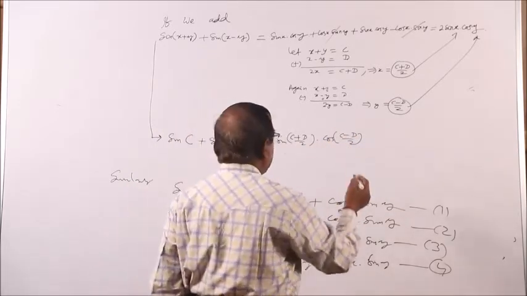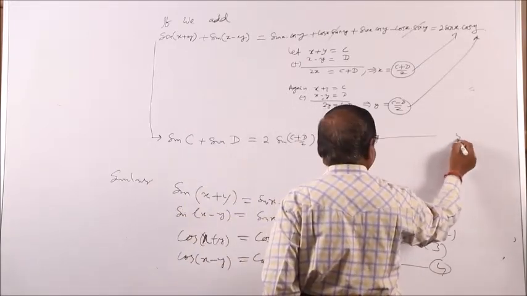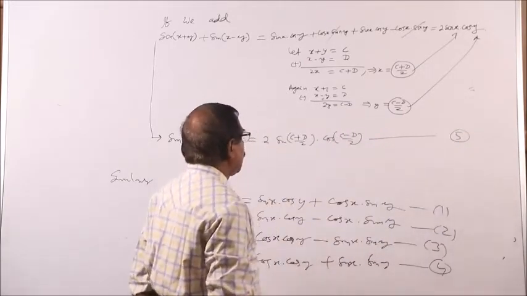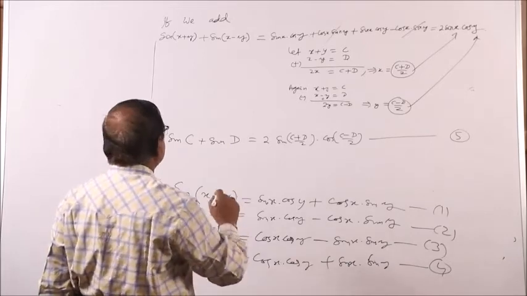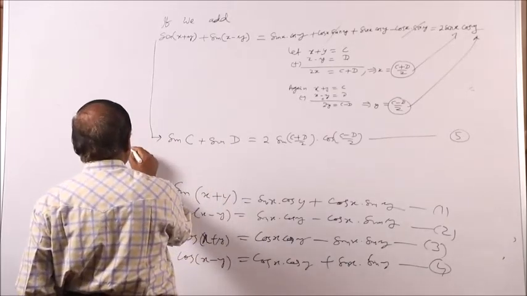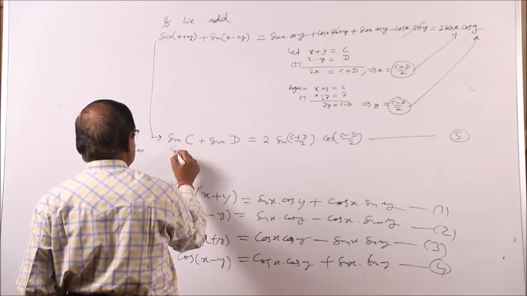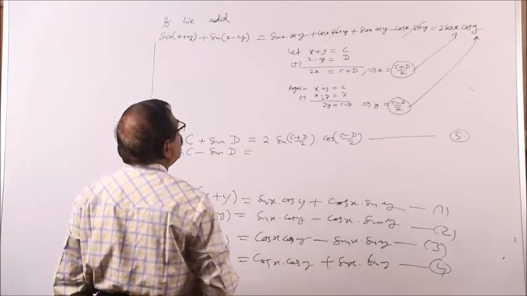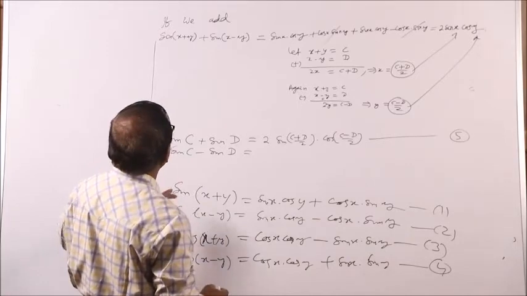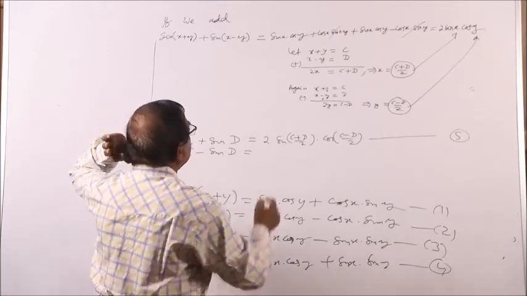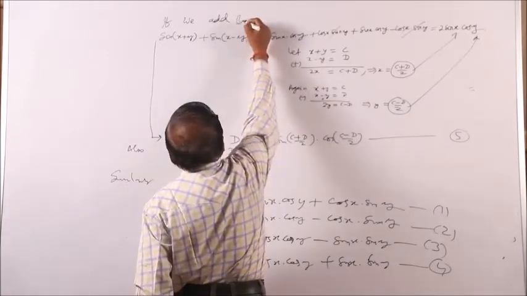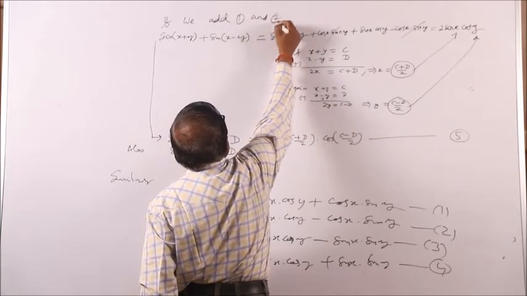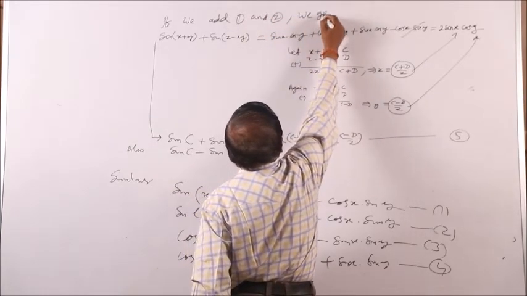You take this formula as 5, and similarly if you subtract here also, sin c minus sin d will be, if we add 1 and 2, we have got this.